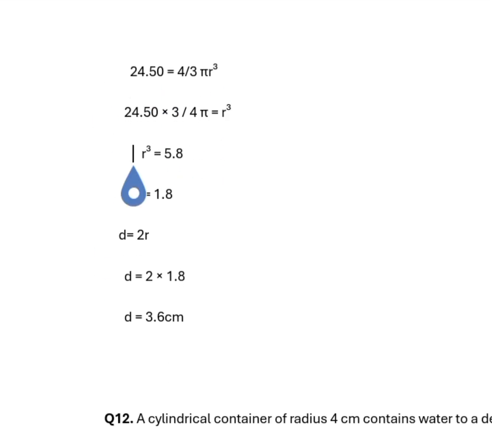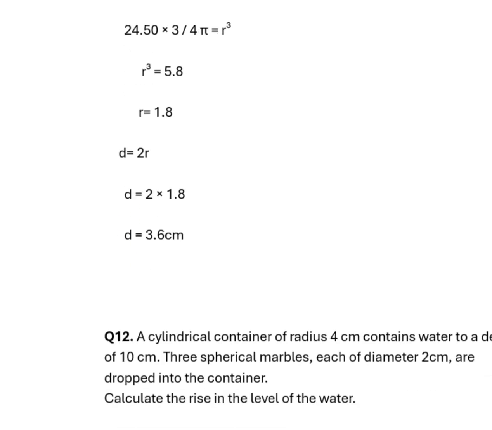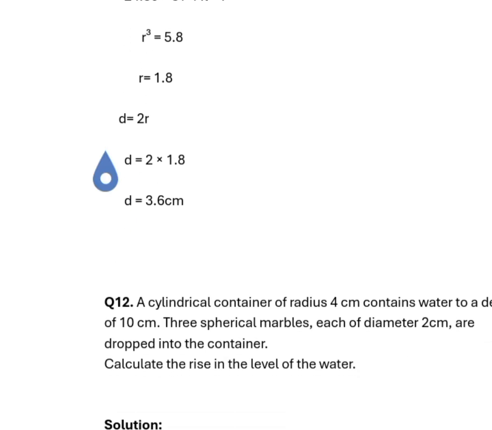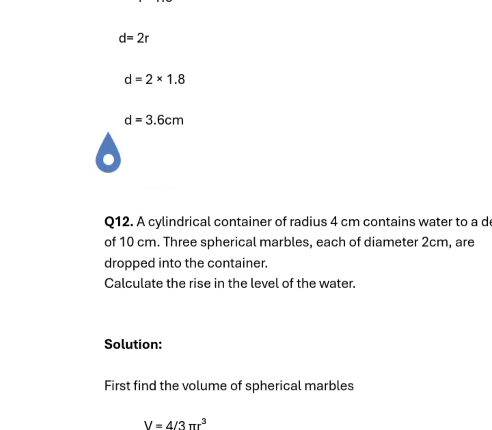So 24.50 multiplied by 3 divided by 4 pi is equal to 5.8. So R is equal to 1.8, and diameter is equal to 2 times the radius. So D is equal to 2 multiplied by 1.8, which is equal to 3.6 centimeters. The diameter of the ball bearing is 3.6 centimeters. This is the answer.